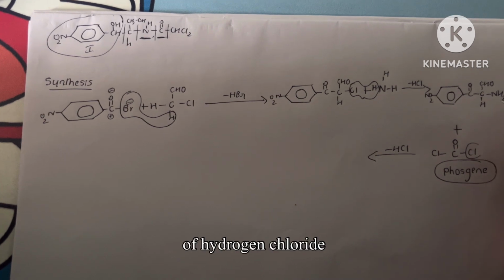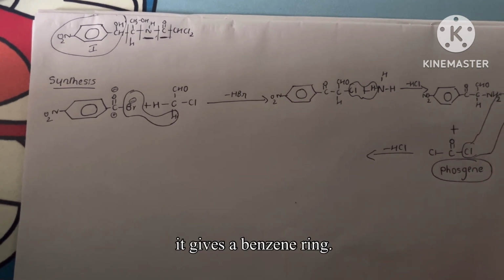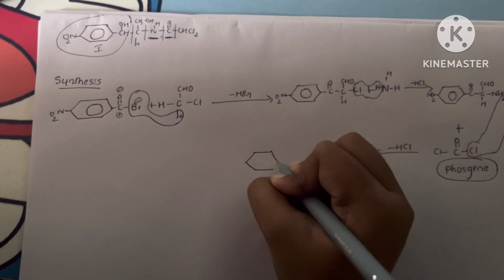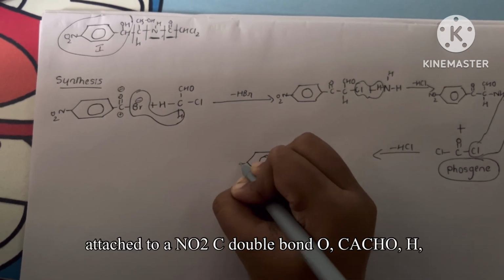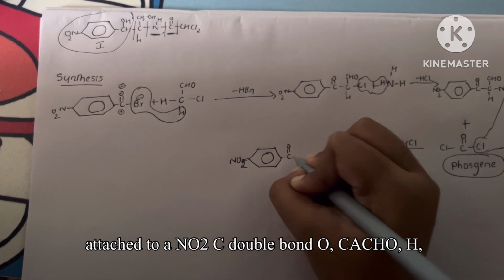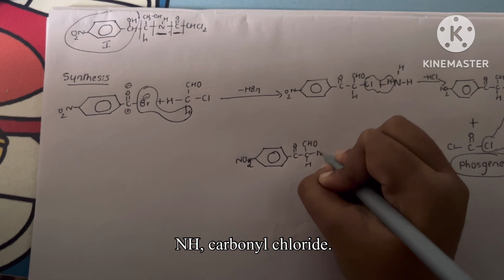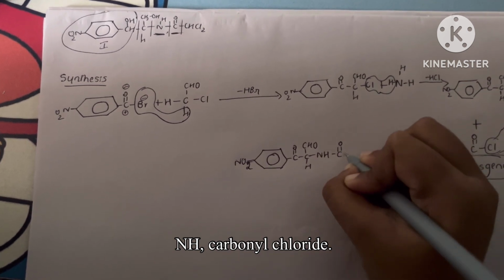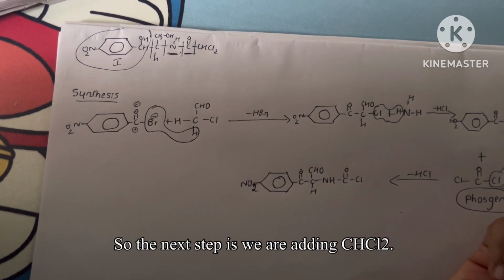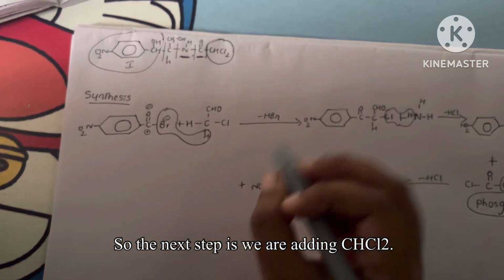On the liberation of hydrogen chloride, it gives a benzene ring attached to NO2, C double bond O, CHO, H, NH, carbonyl chloride.